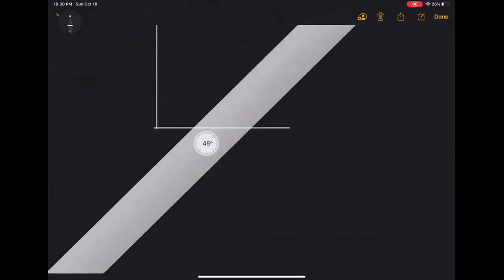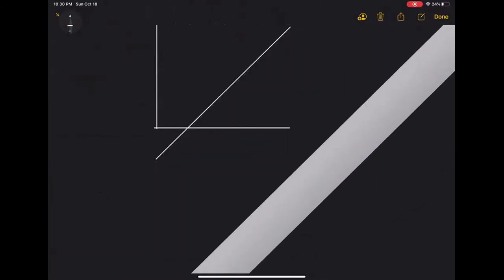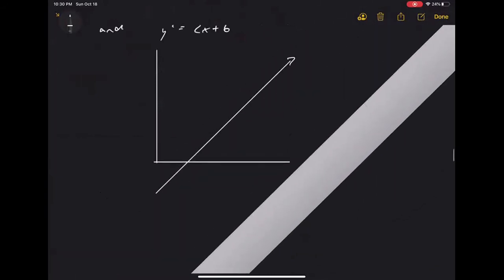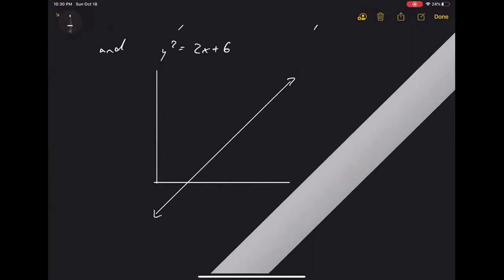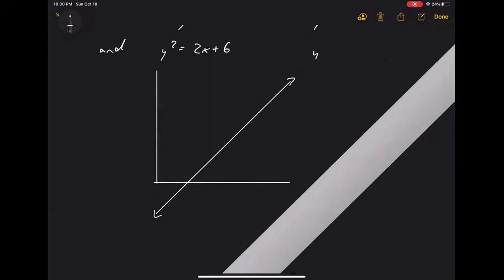Well, that'd be the line with y-intercept -1, so that's that line. And then what's y squared equals 2x plus 6? Well, that's a parabola. If we rearrange it, y squared minus 6 over 2 equals x.